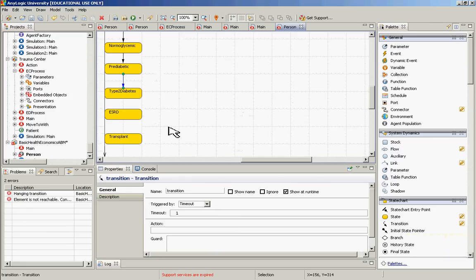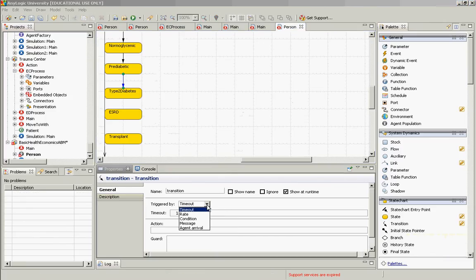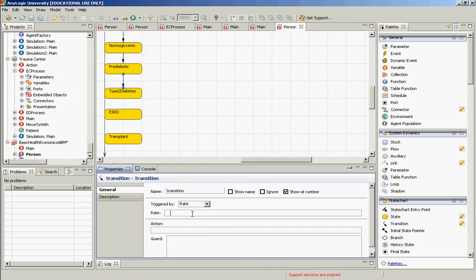Once pre-diabetic, if there's no lifestyle changes and no other changes in their risk, they may progress on to type 2 diabetes. I'll give that a time constant associated with about 10 years, so a rate of 0.1, first order delay there.